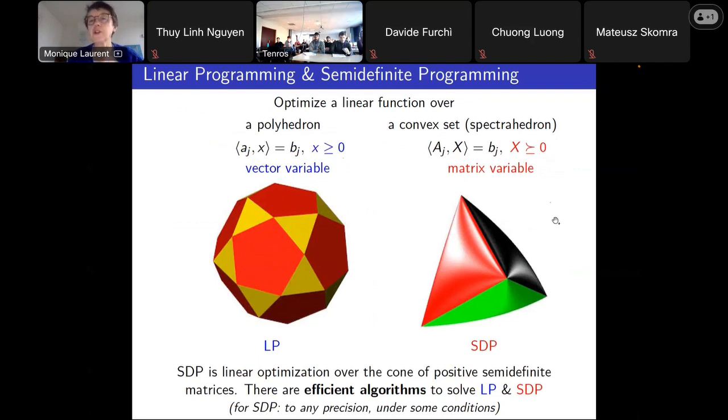So there are some conditions. And one can solve the semi-definite program up to arbitrary precision. One picks a precision epsilon, and then in polynomial time one can find an epsilon-approximate optimal solution. But roughly speaking, SDP is solvable efficiently.